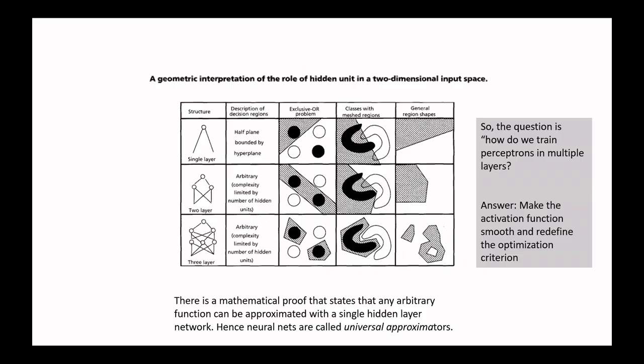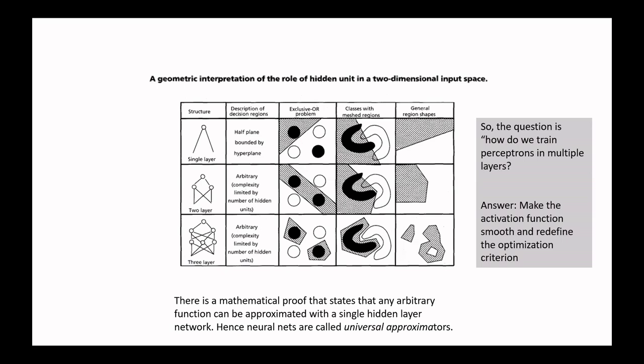All right. So basic idea is that you can have multiple layers of perceptrons to create any arbitrarily complex decision boundary. In fact, there is a mathematical proof which says that these neurons are universal approximators, and you can approximate any arbitrary function using one or more layers of these neurons. All right.